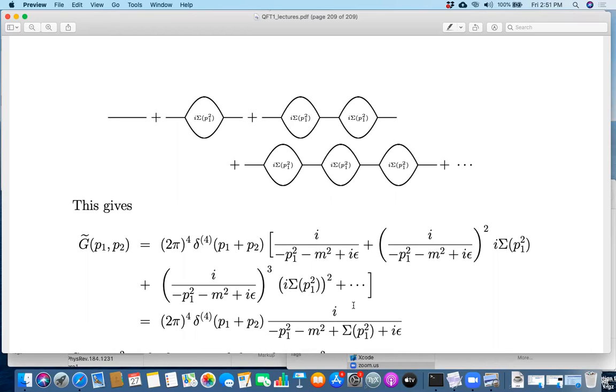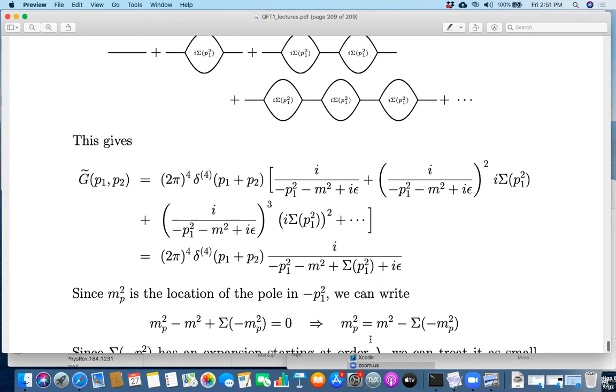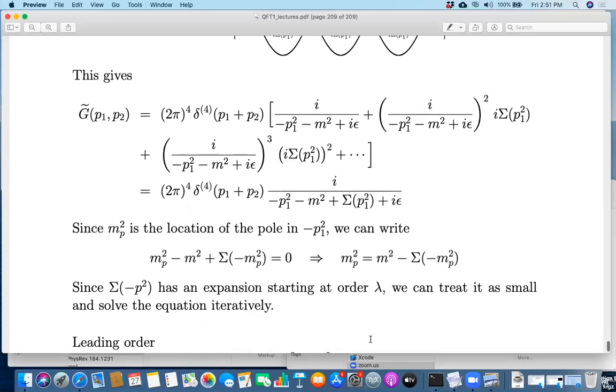So now you see why we introduce the sigma in the first place, right? Because we can write the expression for the Green's function neatly in terms of the sigma. And furthermore, because we have said that mp is the location of the pole in the minus p1 square, by definition the physical mass is determined by saying that the Green's function has a pole at p1 square plus m square equal to 0, p1 square plus mp square equal to 0.